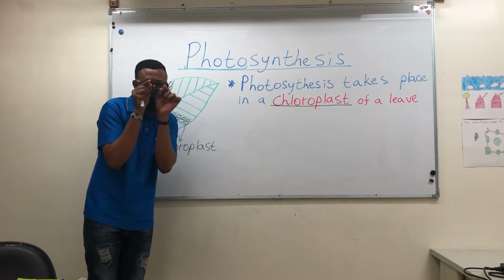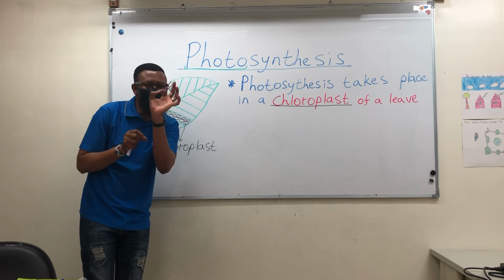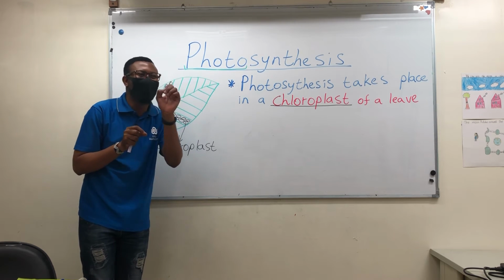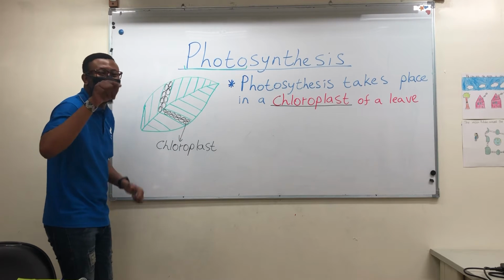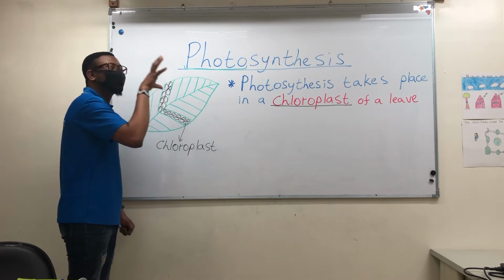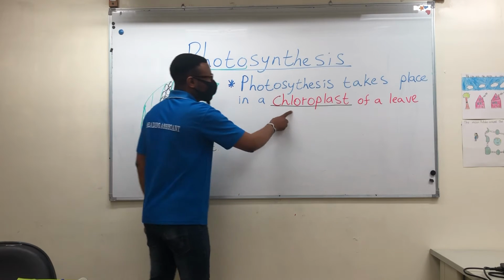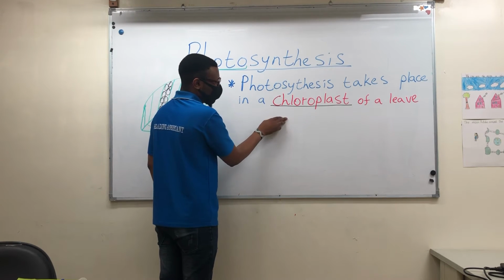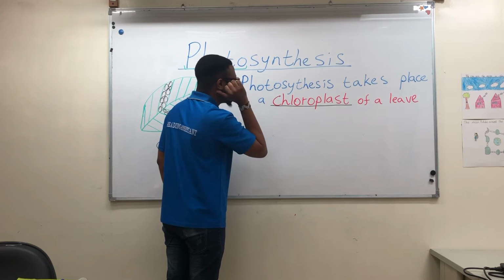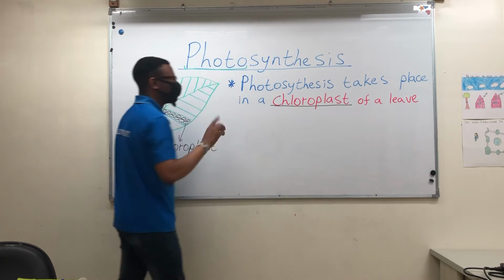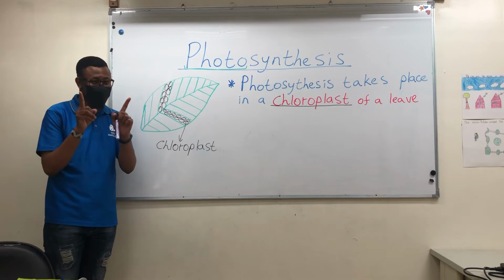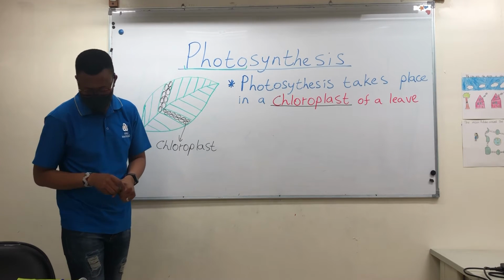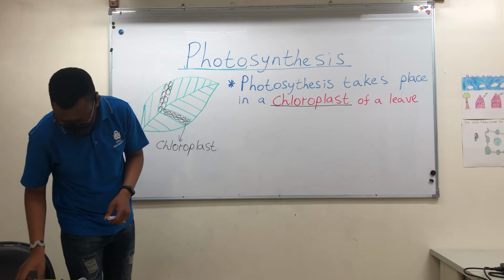So in a leaf, you have small sacs, very small, tiny structures. And that's where photosynthesis takes place. In what we call, let's all say it again. Very good. Chloroplast. That's where photosynthesis takes place.